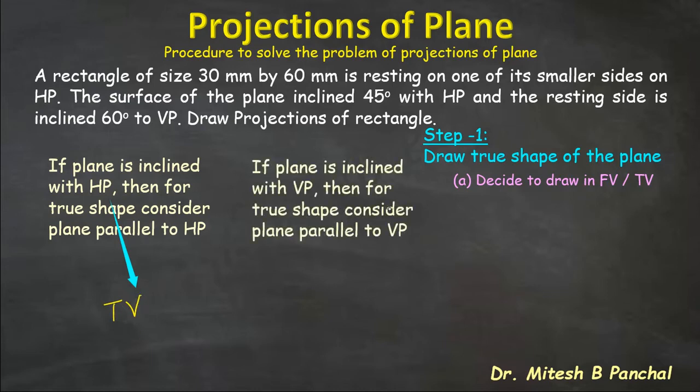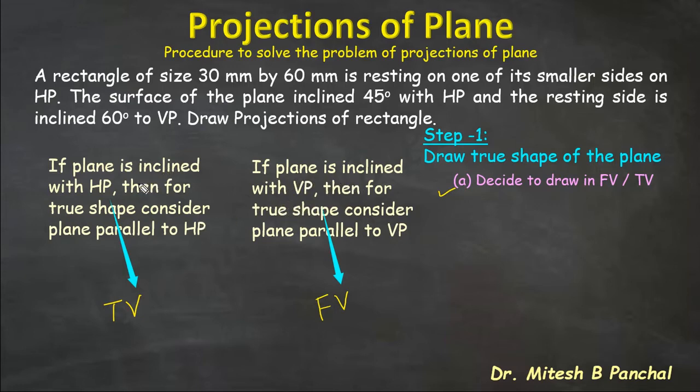And if the plane is inclined to VP, then for the true shape, consider the plane parallel to VP. That means when the surface is inclined to VP, we have to consider the plane parallel to VP, and in that case we can obtain the true shape in the front view. So this point is decided by considering the inclination of the surface.